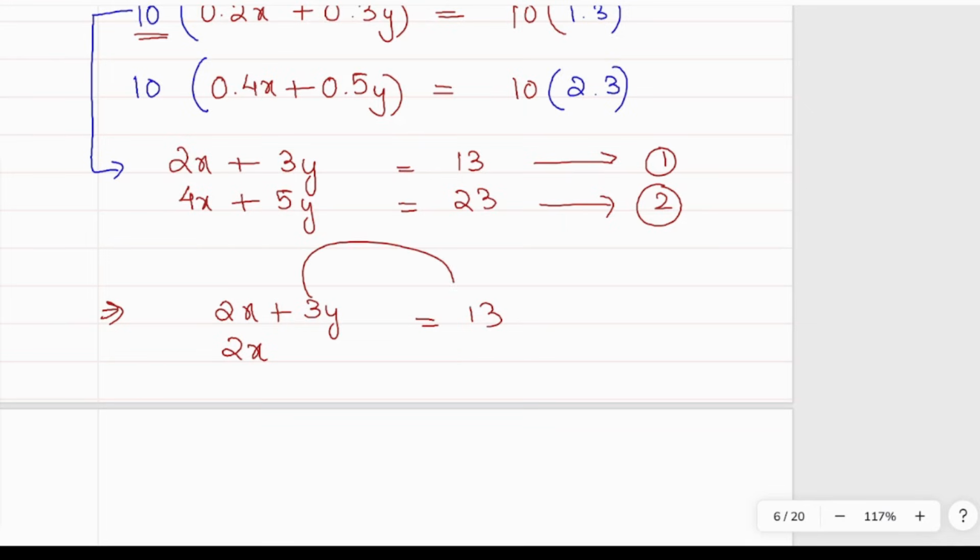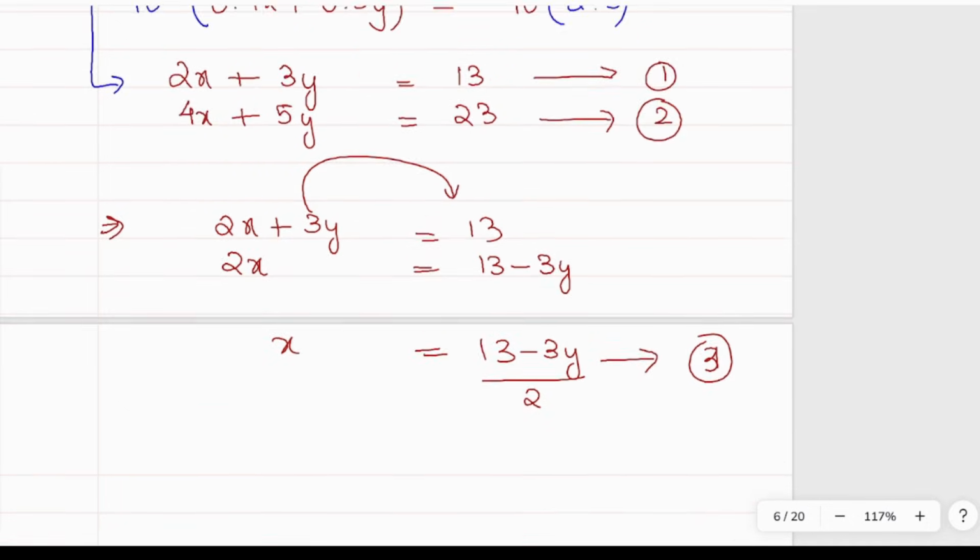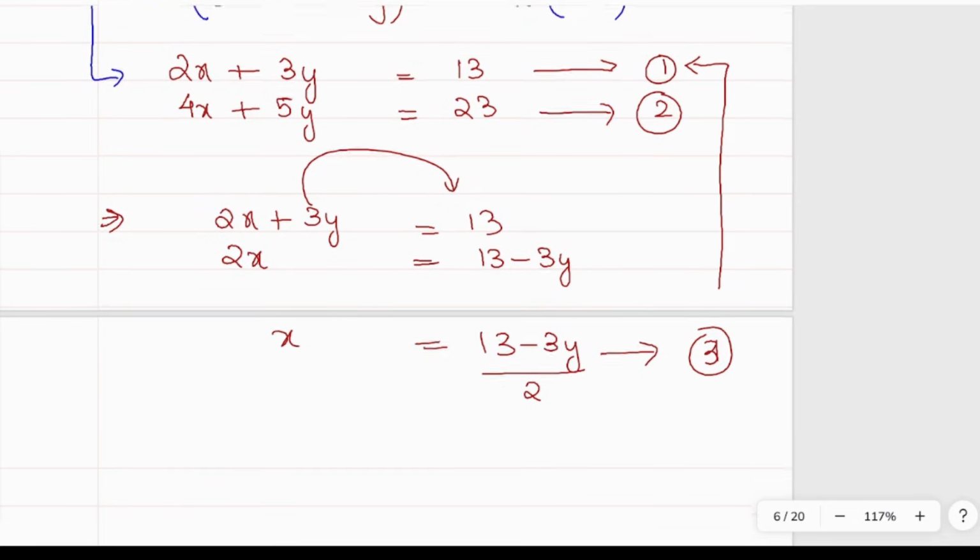Therefore, I will take this 3y to the opposite side, that is 13 minus 3y. So what's the value for x here? 13 minus 3y, the whole divided by 2. So I got a value for x here, right? For this one, I will give it as equation number 3. Now since I have made this equation from the first one, I have to substitute 3 in 2.